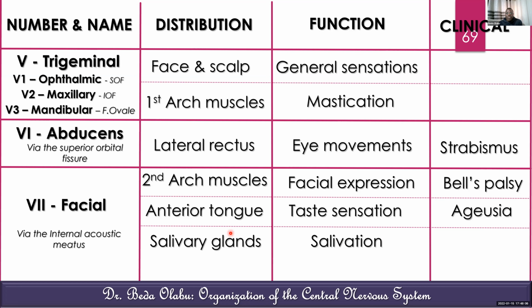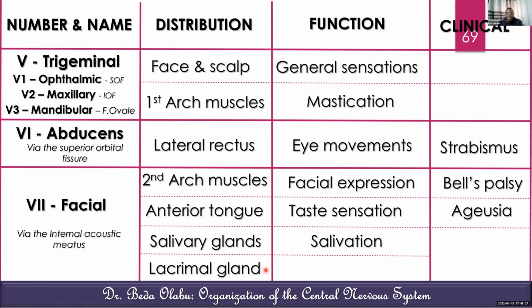Now, if you affect the branches of facial nerve that supply the salivary glands, then you'll expect that you'll affect salivation. But let me put that in a different way by also telling you another distribution of facial nerve, which is to the lacrimal gland. Again, that is autonomic.